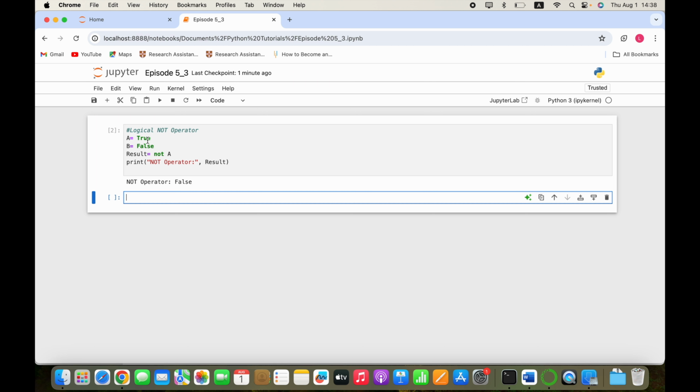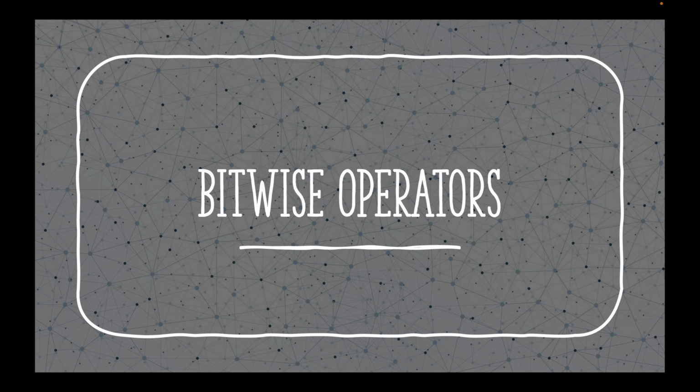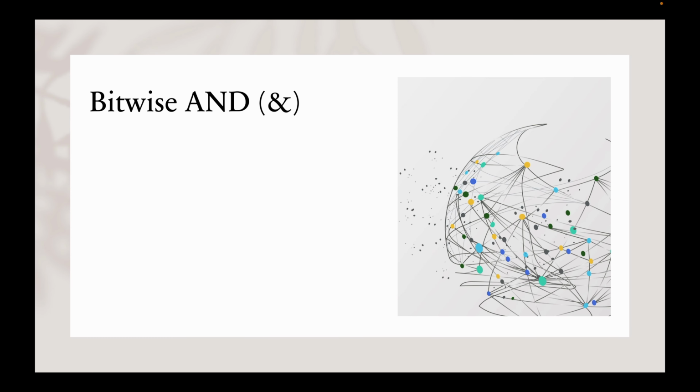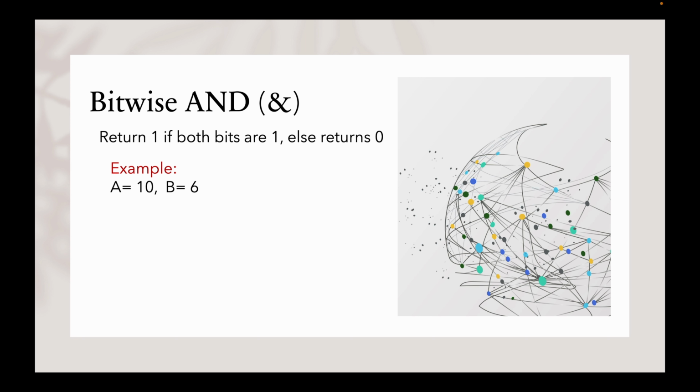Now let's move to the bitwise operator. Bitwise operators are used to manipulate bits in integers. They include AND, OR, XOR, NOT, and bitwise left shift and the right shift operators. Let's go and see each one with examples. The bitwise AND operator compares two numbers and returns 1 if both bits are 1, else it returns 0. Now let's see the example. We assume A equals to 10 and B equals to 6.